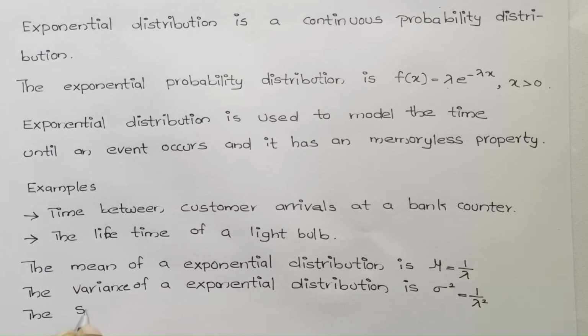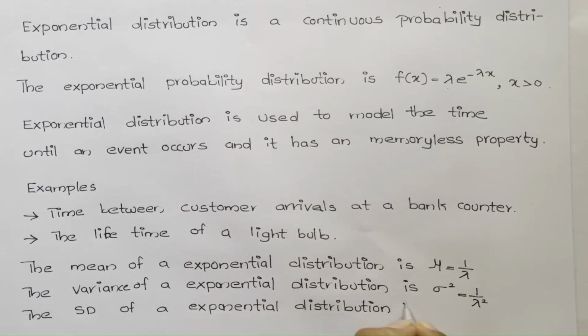The standard deviation of an exponential distribution is sigma equal to 1 by lambda. The mean and standard deviation of an exponential distribution are the same.